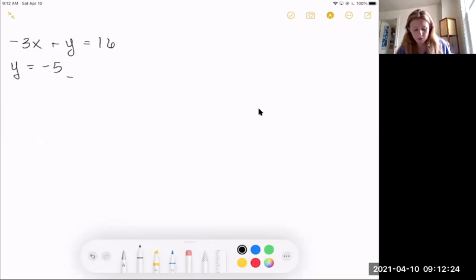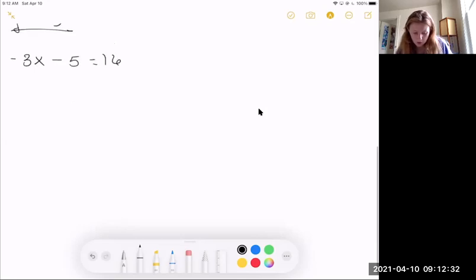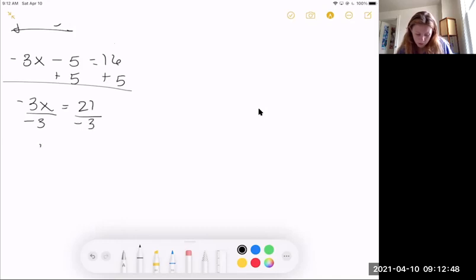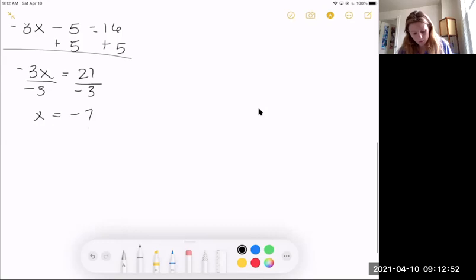We're going to substitute this y value into the above equation. So -3x minus 5 is going to equal 16, plus 5 to both sides, since it's a negative here. So then 16 plus 5 is going to be 21 over -3. X is going to equal -7. So from here, we can write this solution as a coordinate, -7.